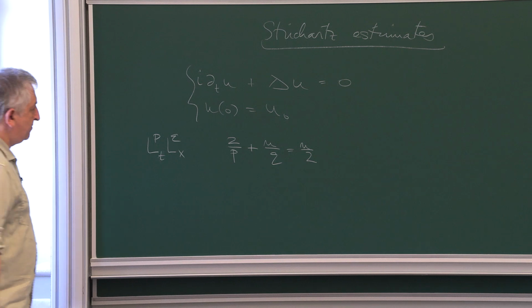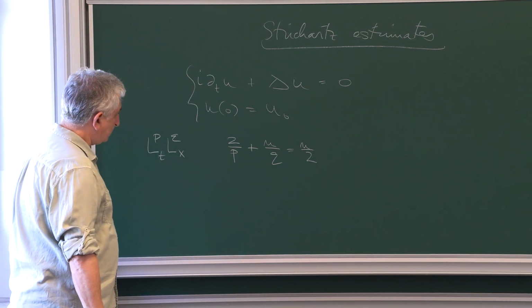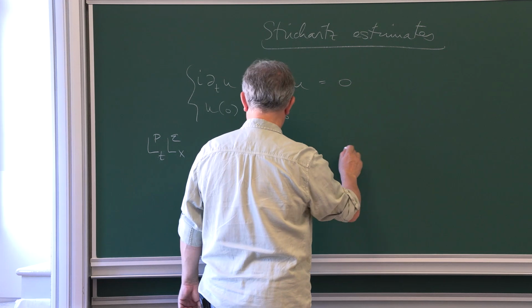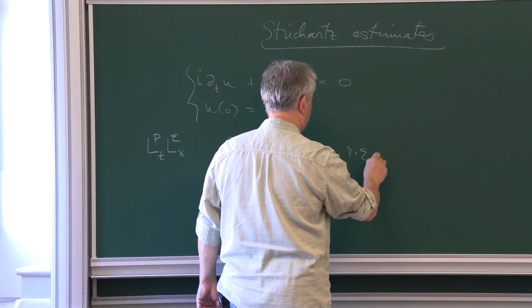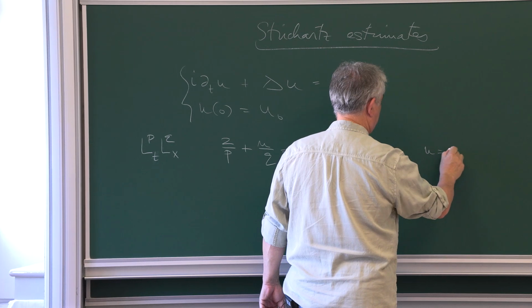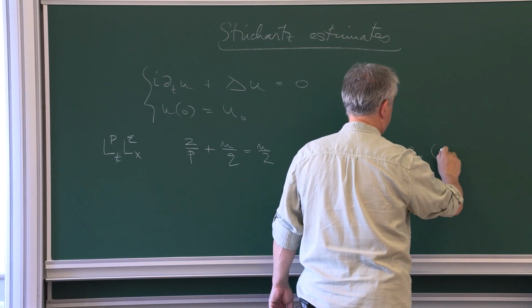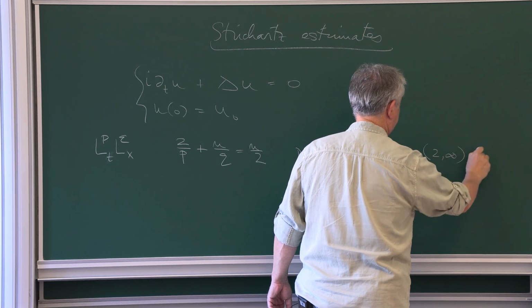And then p, q greater than or equal to 2, and if n is equal to 2, p, q equal to 2, infinity is forbidden.